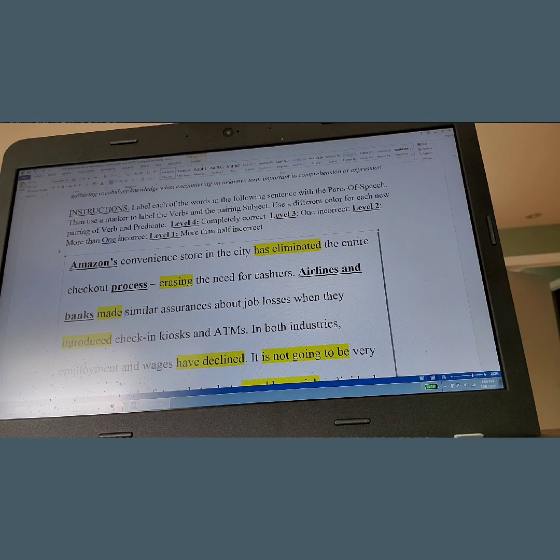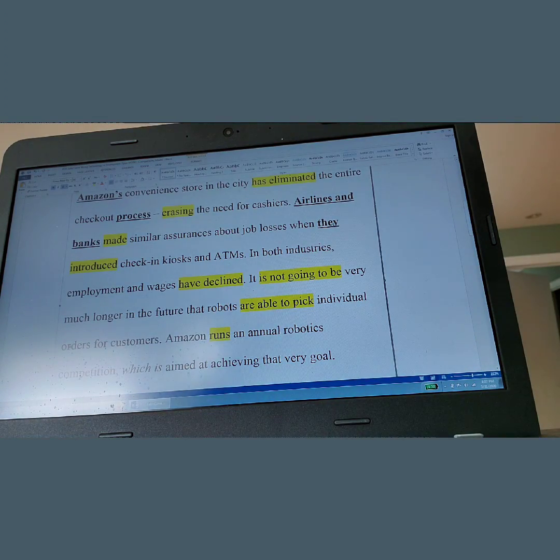Then you're thinking about what the larger picture is, right? And that would be sort of a micro conclusion. Okay, how does this reflect on the world? About job losses when they introduce check-in kiosks and ATMs. Okay, so what's the bigger picture going on now?